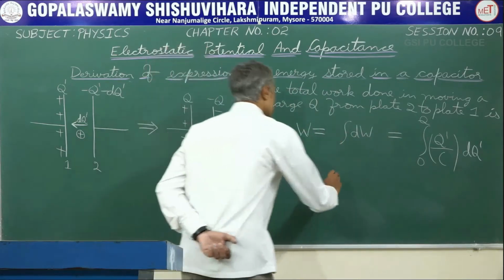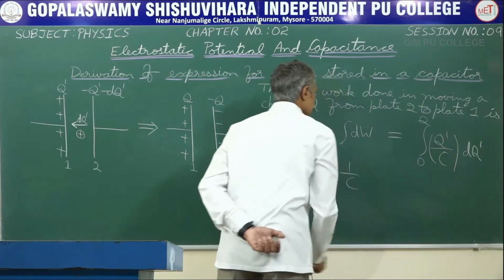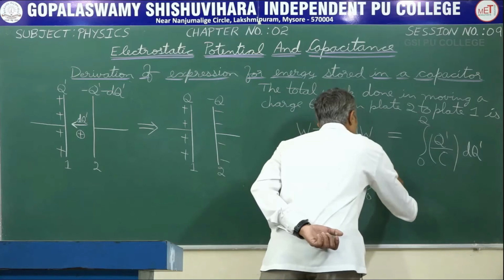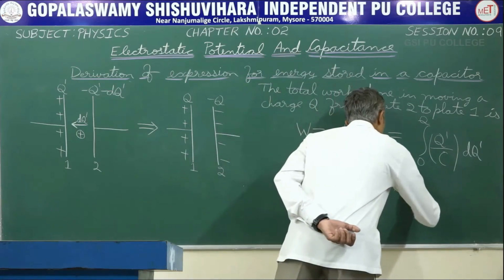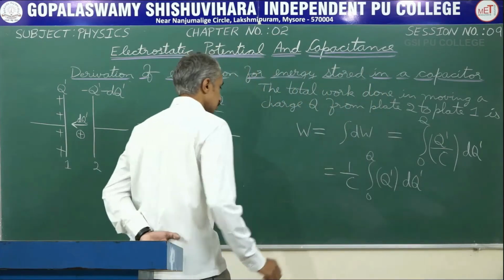If you integrate this, 1 by C is a constant, the capacitance of the capacitor. So integrate Q dash with dQ dash.